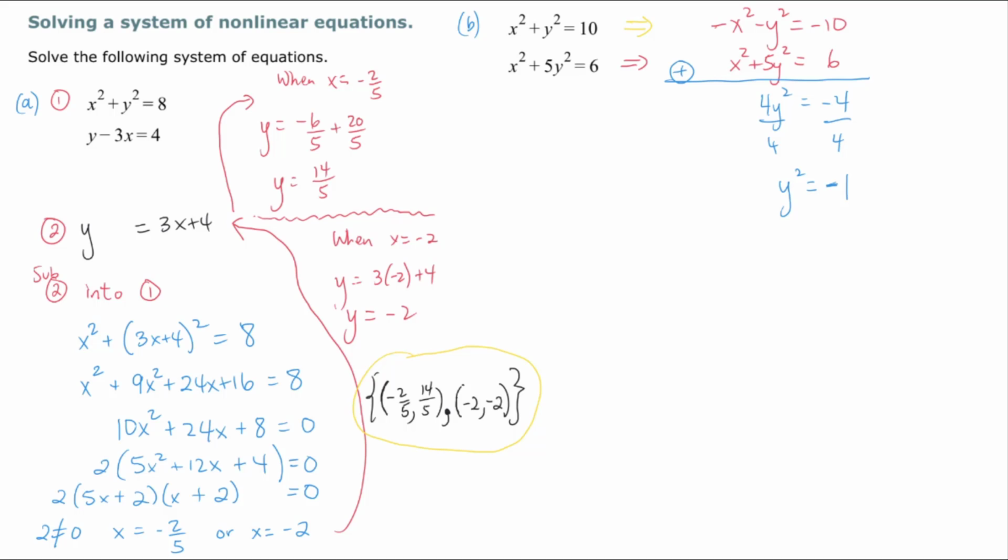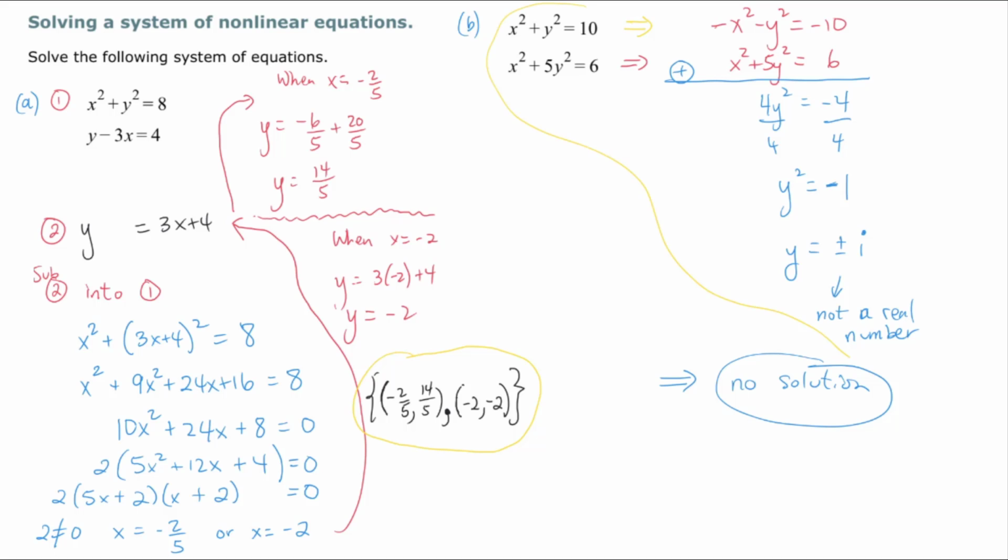In other words, it's not possible to get a y value here. y is equal to plus or minus i, a complex number, and we know that is not a real number. In other words, that's going to imply us to conclude no solution. Even though you got no solution, make sure you're able to show all this work. All this work is necessary.